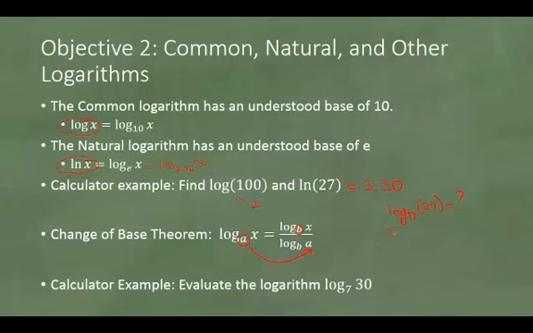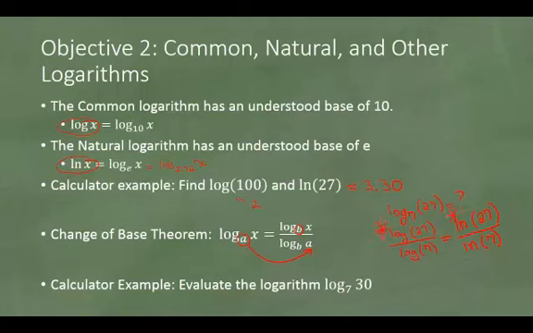So this right here, log base 7 of 27, is just log of 27 over log, the common log, of 7. Or you could use the natural log, which has a base e. You could say that's equal to the natural log of 27 divided by the natural log of 7. It turns out that it doesn't matter. And because your calculator uses both of these, you can use either one of those.